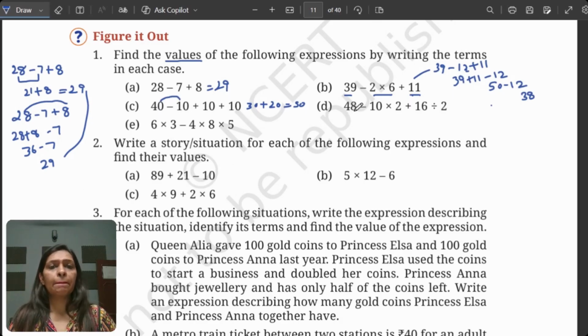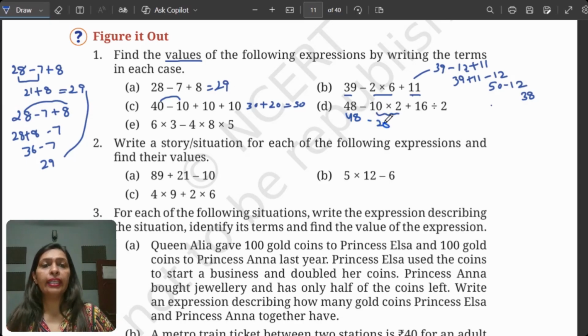The D part, this is 48 minus, so again, solve the terms first. 10 multiplied by 2 is 20. Now, here please understand this is the division sign. So is it a different term or is it going to be the same term? The answer is it is going to be the same term, right?